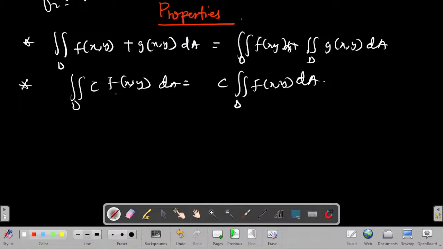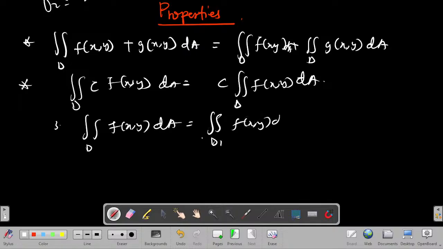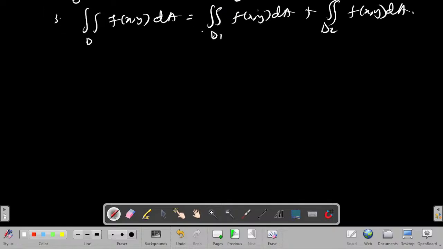Similarly, you can break your region: the double integral over region D of f(x,y) dA is equal to the integral over region D1 of f(x,y) dA plus the integral over region D2 of f(x,y) dA. So these are three fundamental properties of integrals you should know as you're about to solve over general region.